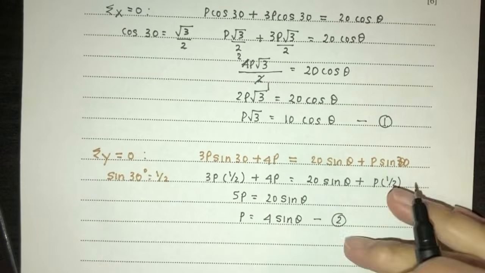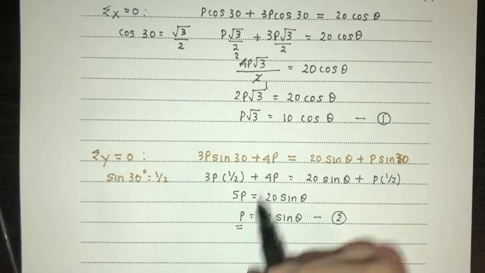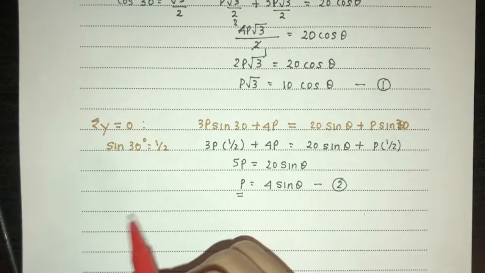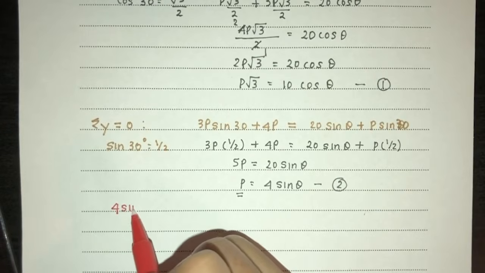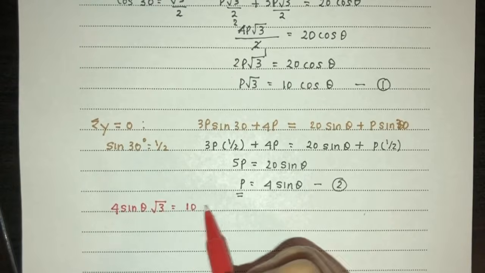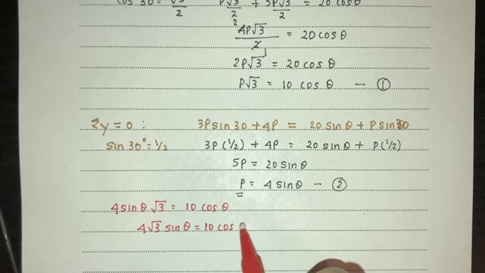Now since we have 2 equations, you can see we can solve them simultaneously. Replace p into p here. So you will have 4 sine of theta root 3 is equal to 10 cos of theta. So basically you will have 4 root 3 sine theta is equal to 10 cos of theta.